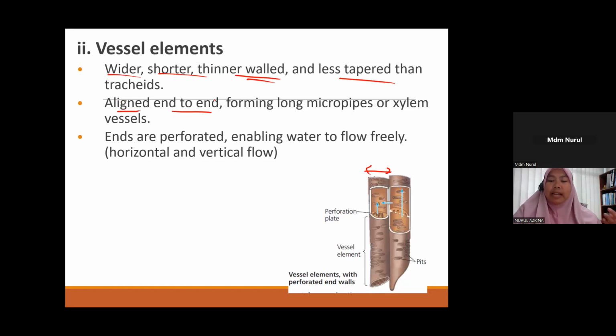So this is how vessel elements are connected, aligned end to end, forming a long microscopic pipe that we call a xylem vessel. The ends of the vessel elements are perforated. Perforated means they have large pores, which enable water to flow freely either horizontally or vertically. You can see here this is the perforated plate that connects one vessel element to another.